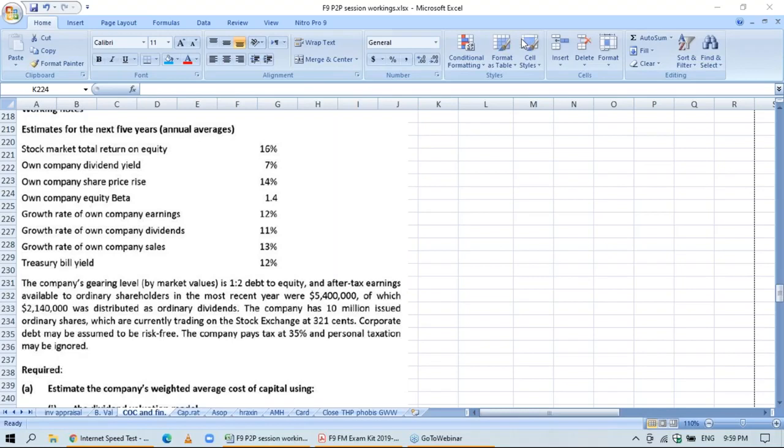Okay, students, let's start doing this question. First, we will calculate the cost of equity using the dividend growth model.